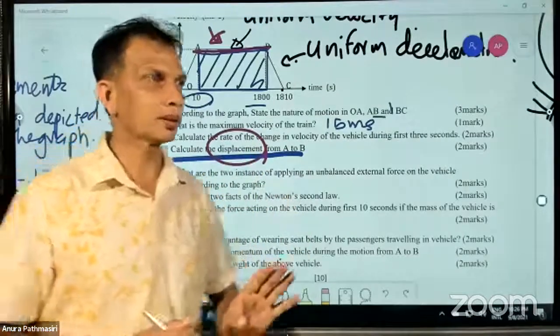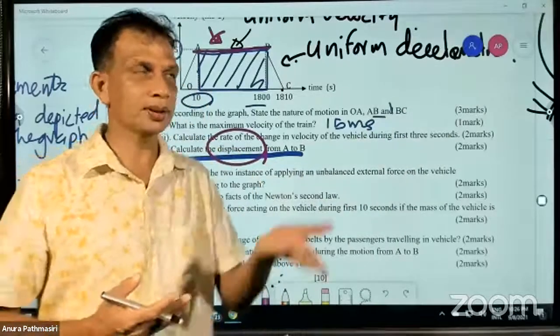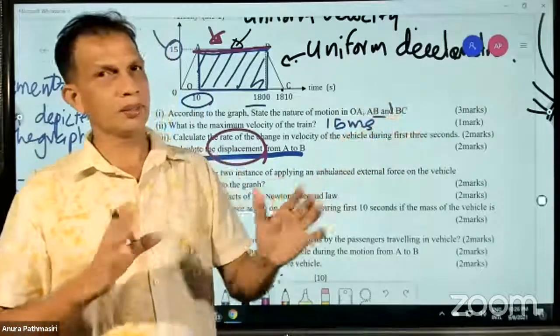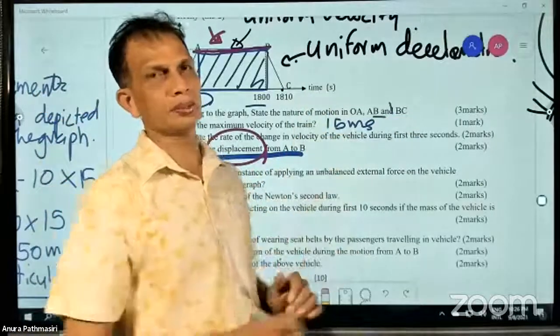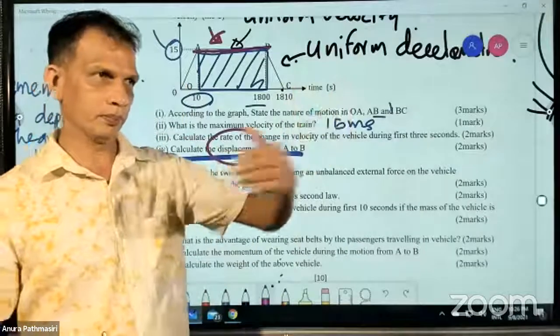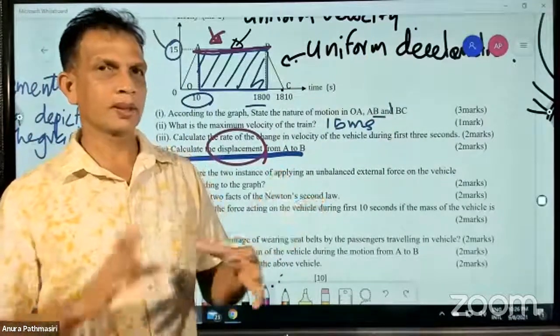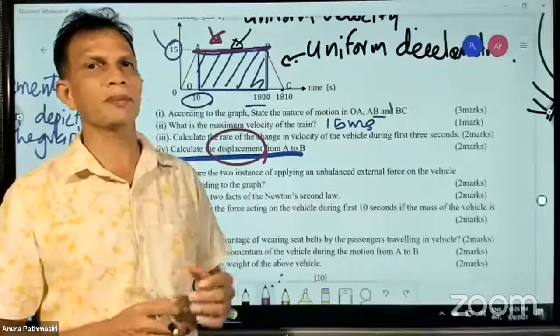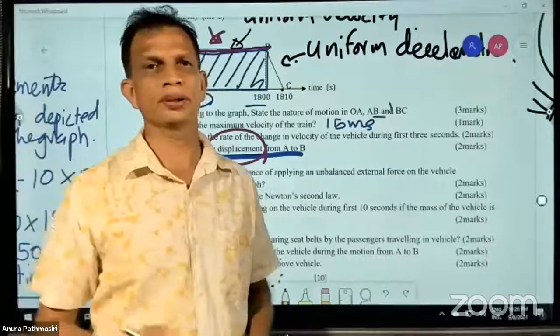When it is positive acceleration, an increase in the velocity, the force is given towards the direction of the motion. Whereas for deceleration, the unbalanced force is applied in the opposite direction of the motion.